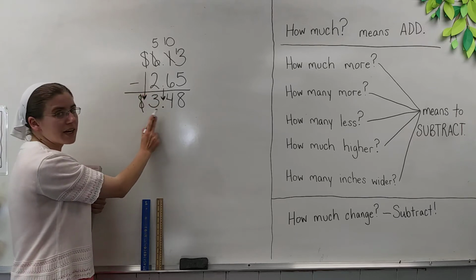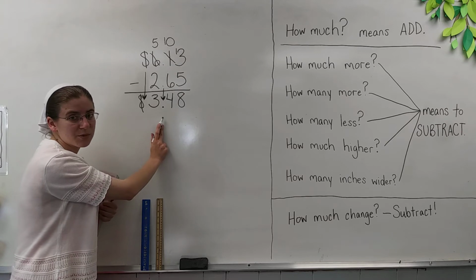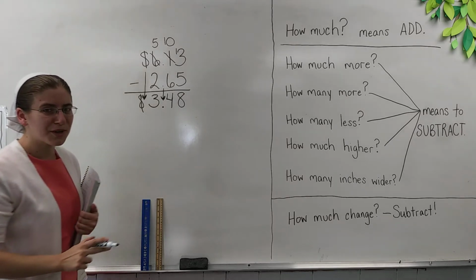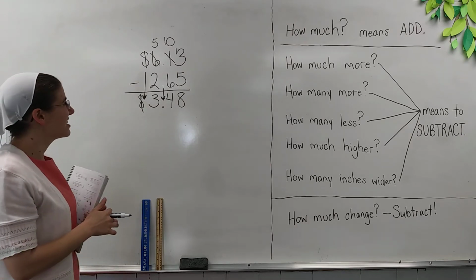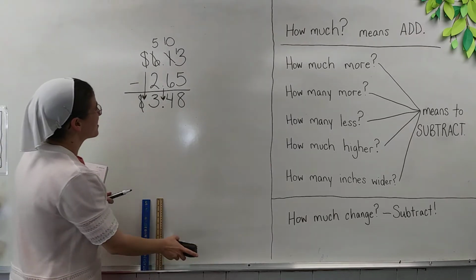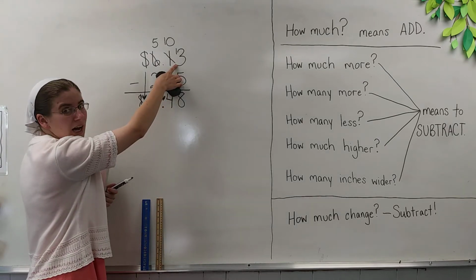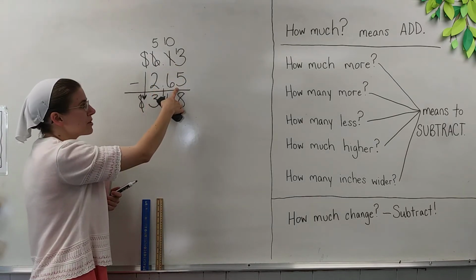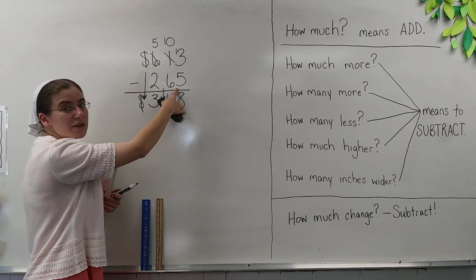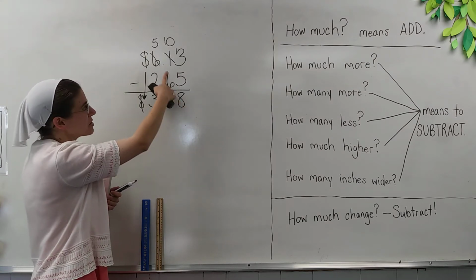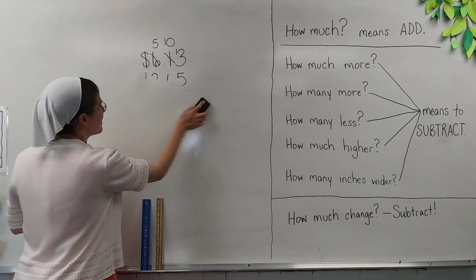Do not forget to drop your dollar sign and your decimal point on your test, okay? Or I'll have to count it wrong. So don't forget those. That's very important. Okay. So, we did some borrowing. Remember that if the number on top is smaller than the number on the bottom, if we are subtracting, we have to borrow. Okay?